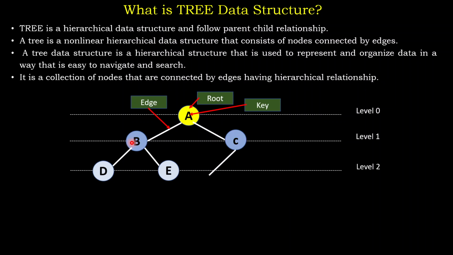So level 2 is this. In this way we can include all of these, and you can find the parents here. Now let's talk about the subtree.